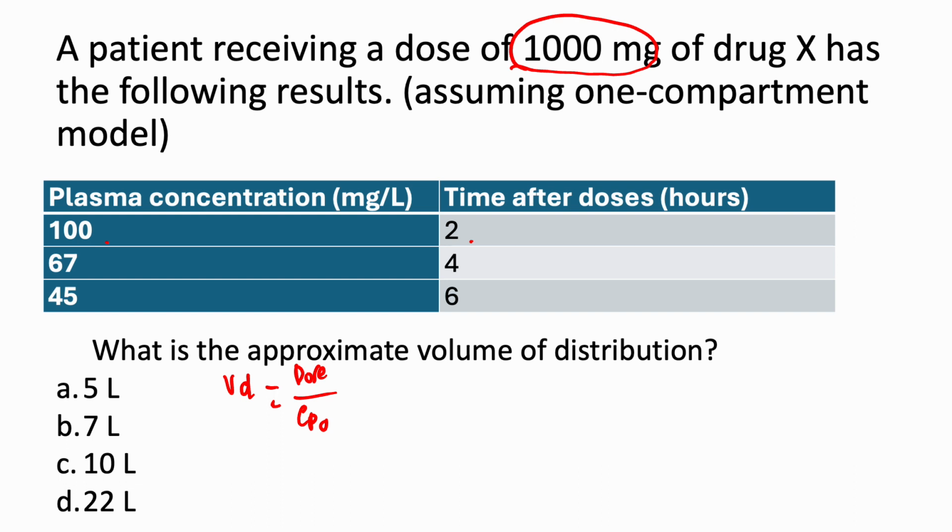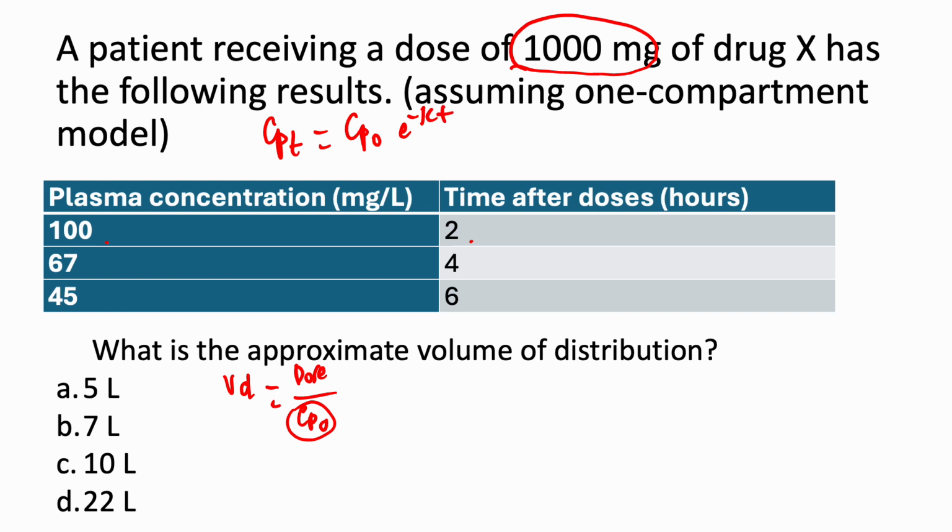So in this case, you need to calculate or look for the C0. And because this is a one compartment model, you know that the equation to describe the concentration of drug over time is Ct equals C0 times exponential of minus kt.